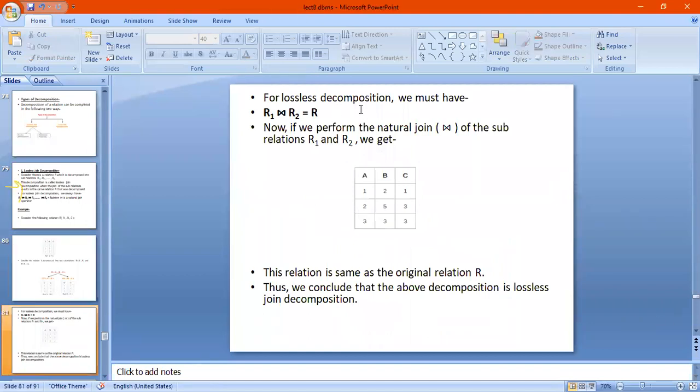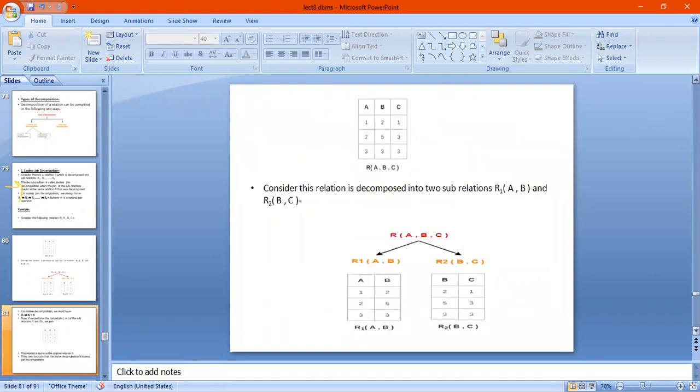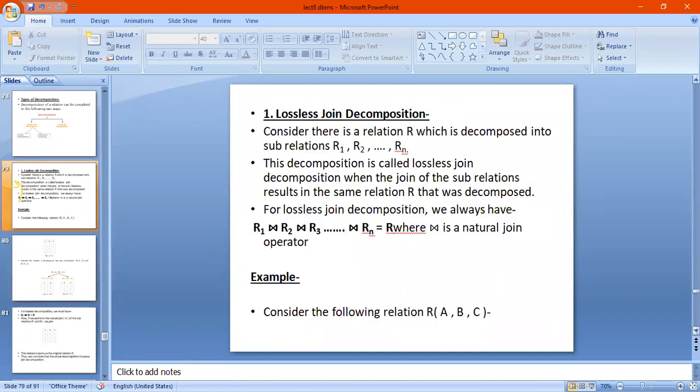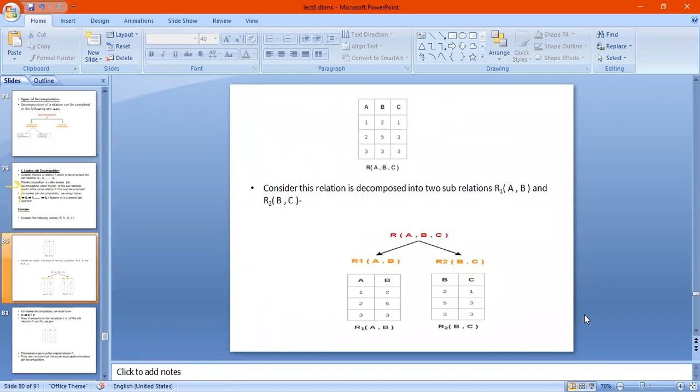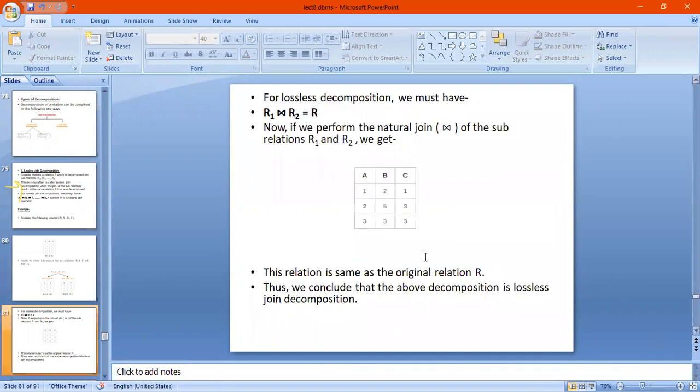For lossless decomposition, we must have the natural join of R1 and R2, which belong to the parent R. Now we perform the natural join of the sub-relations R1 and R2.